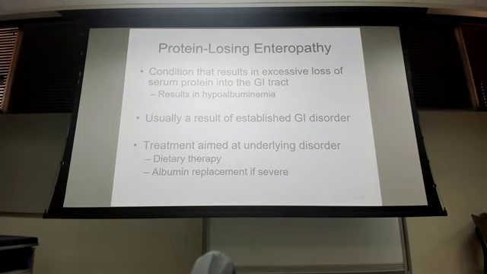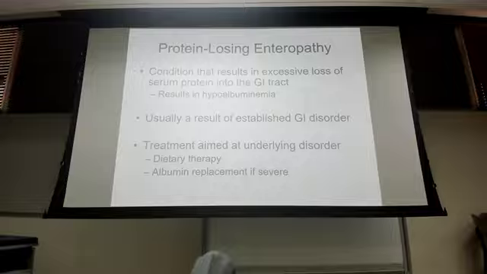Well, usually really bad edema. And usually this is related to another GI disorder. So you're going to get hypoalbuminemia. So we take that blood test, decreased albumin in the blood, and without the protein in the blood, then the fluid shift's going to happen, and so we're going to have edema.